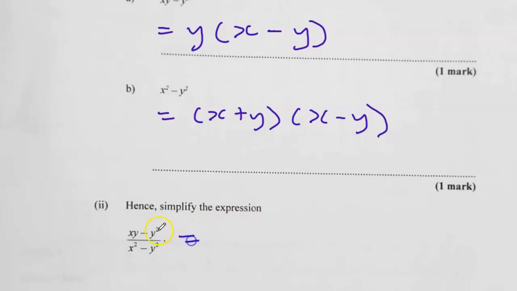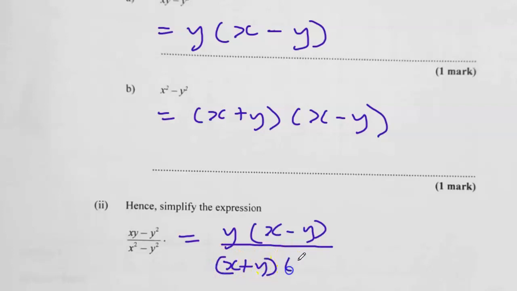So we just rewrite the numerator as y into x minus y when factorized. And the denominator, difference of two squares, x plus y into x minus y. Which x minus y can divide into itself. So we are left with y over x plus y as our solution.